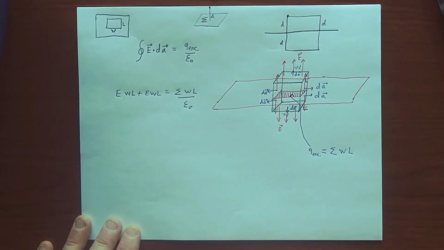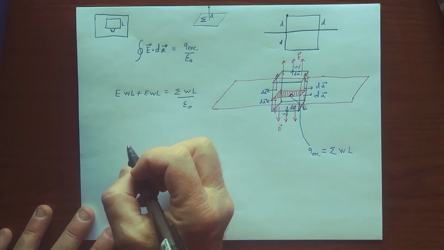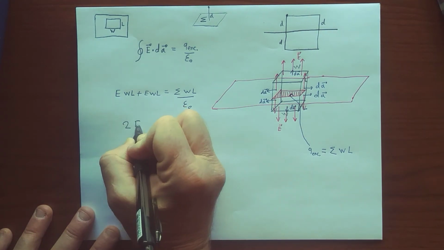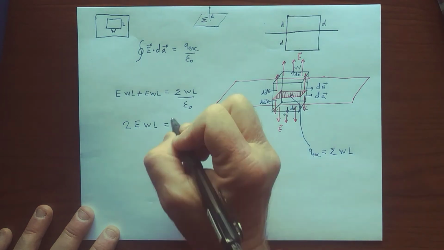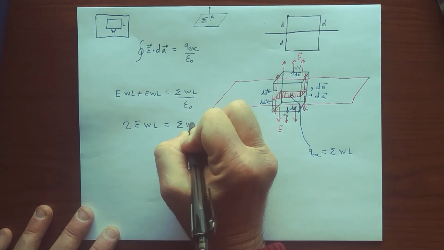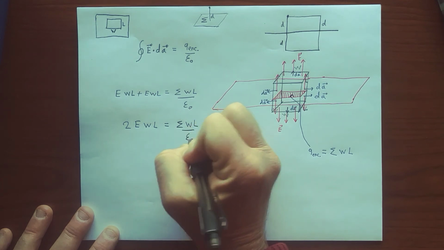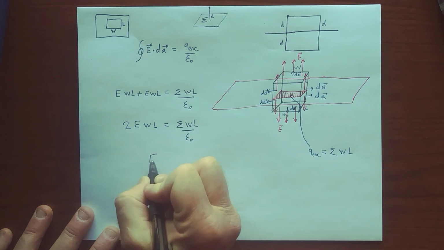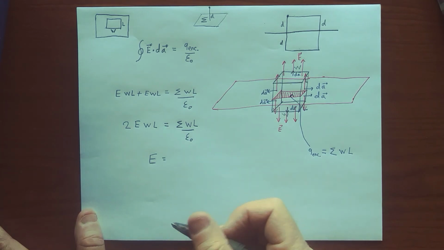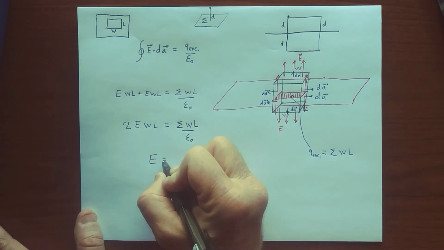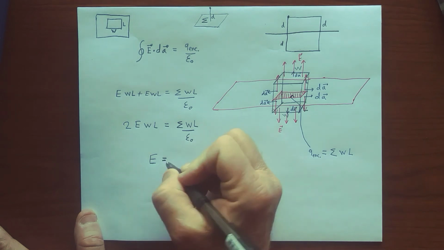and so the left-hand side is 2 times the electric field magnitude times the area of our surface, equal to sigma WL over epsilon naught, and that gives us the magnitude of the electric field at a height d. Notice that d doesn't come into this, so it doesn't matter what your height is. It's true of any height.